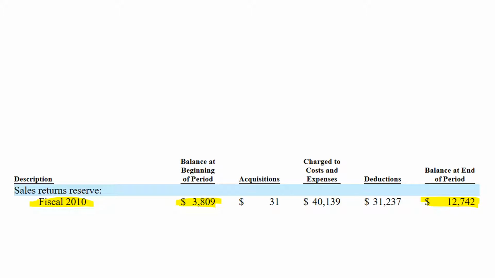So if we look at these, we can tell with some quick math, or just knowing our accounts, that the acquisitions increased the balance, the charges increased the balance, and then the deductions decreased the balance.